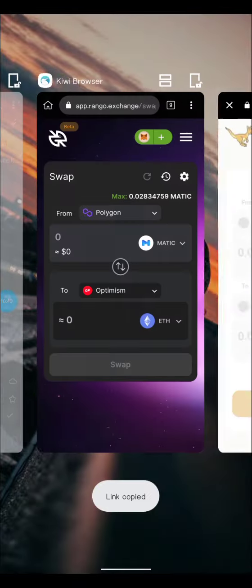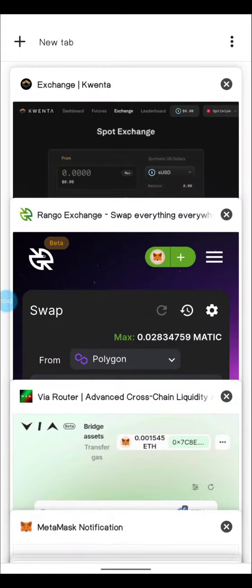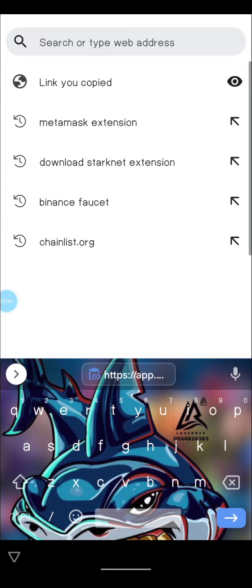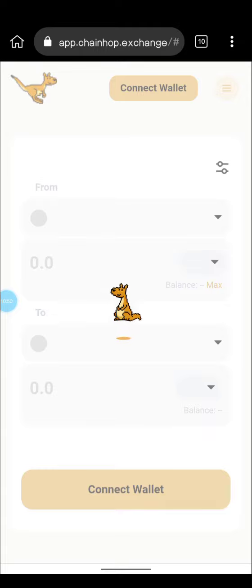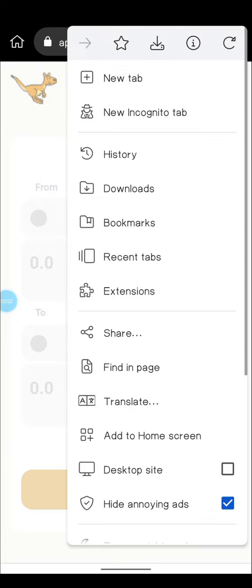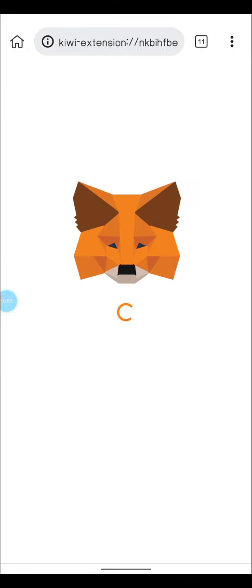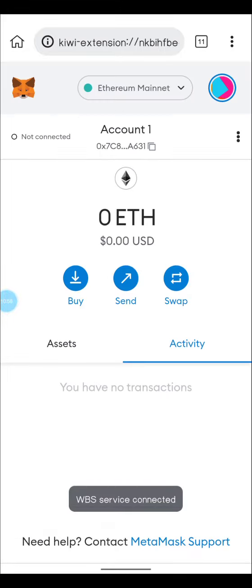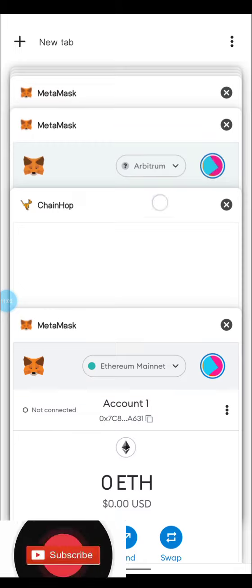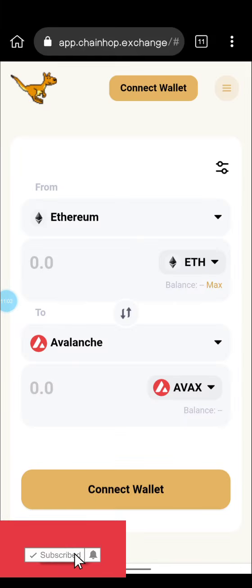Chainhub. Okay, this is Chainhub, and hopefully you know about Chainhub. I think they talked about an airdrop earlier, around September or so. You can also prove me wrong in the comment section. So we are connecting now to Chainhub.